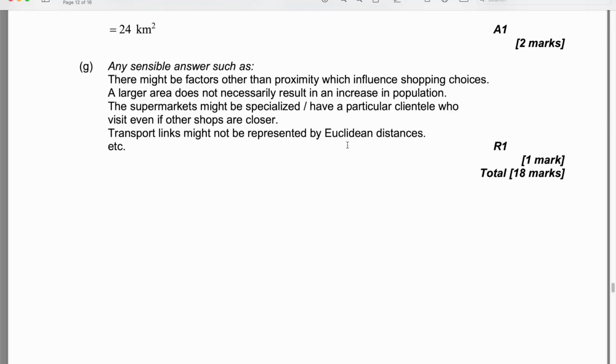I think population density and straight line distances are the ones that I would go with, but any sensible answer, as long as we draw context. The IB kind of went away from any sensible answer to looking at more context. So I think later on it would be something related to transport links or population density.